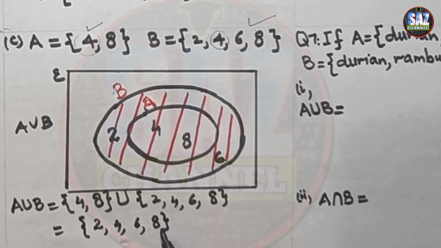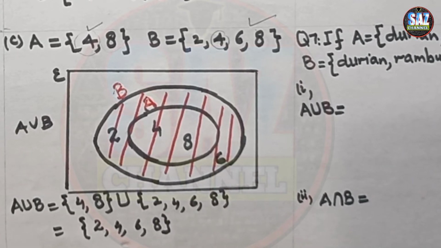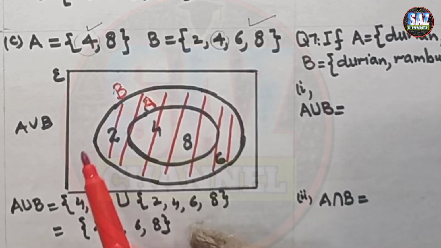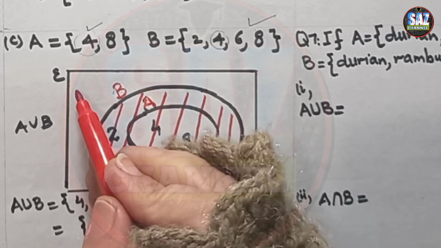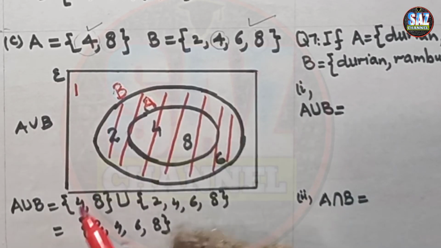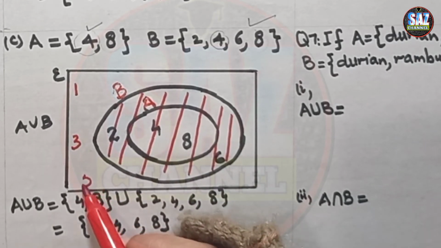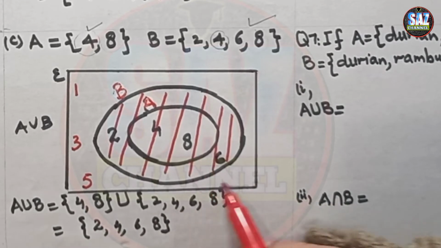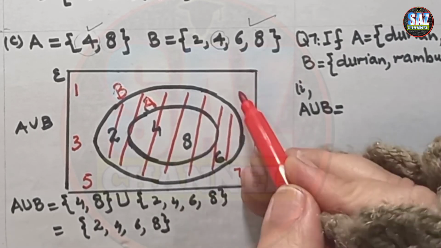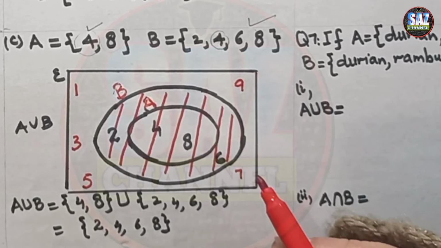This is the answer of union. And do not forget to write the remaining elements of the universal at the respective place. So in the universal I have to write 1, then 3, 4 is here, 5, 6, and then 7 and 9. I hope you are clear about this situation.